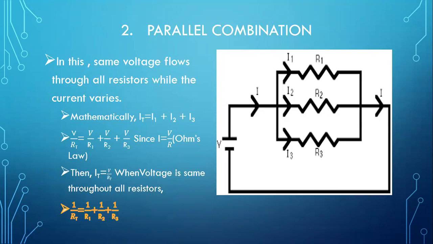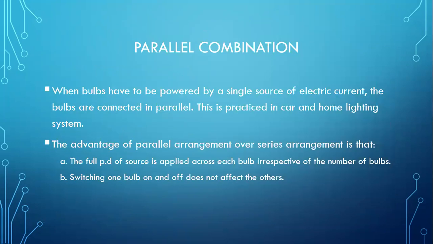We've discussed these two, series combination and parallel combination. Moving on further, in a parallel combination, we know that when bulbs have to be powered by a single source of electric current, the bulbs are connected in parallel. This is also practiced in cars and home lighting systems. Now, the advantage of a parallel arrangement over series arrangement is, first, that the full PD, that is the potential difference of the source, is applied across each bulb irrespective of the number of bulbs.